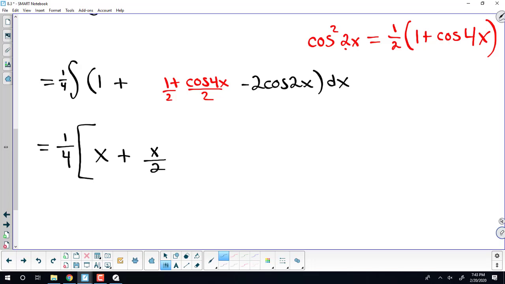x over 2 plus, what's the antiderivative of cosine 4x over 2? Or 1/2 times the antiderivative of cosine 4x.